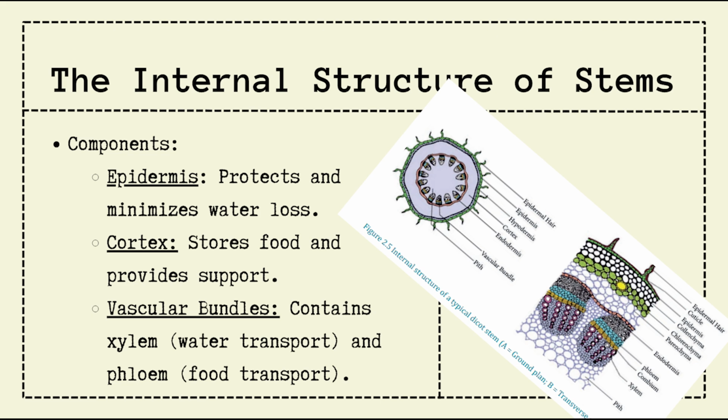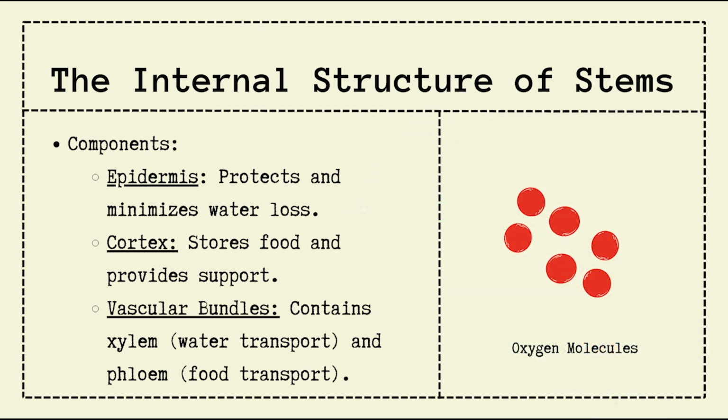The other one is xylem, which carries water and minerals upward. And the other one is phloem, which transports food made by the leaves to the rest of the plant. This internal setup is essential for moving substances throughout the plant.